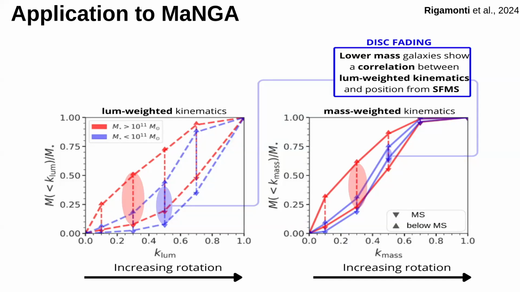And this is the reason why we do not observe such a large difference between disk galaxies on and below the main sequence. This is what is so-called disk fading, namely disks on the main sequence are nearly dynamically equivalent to disks below the main sequence.